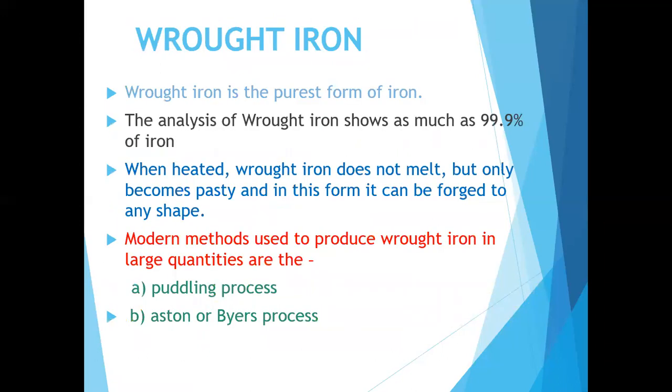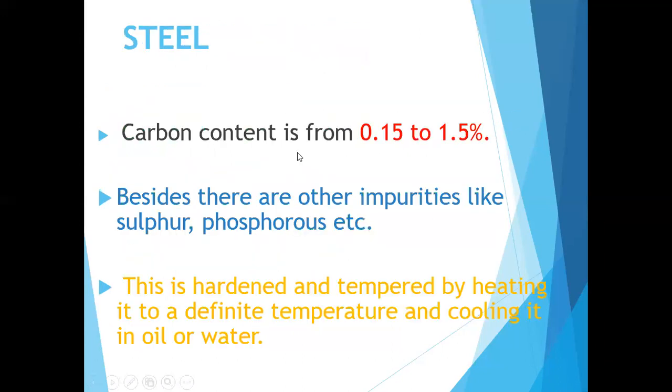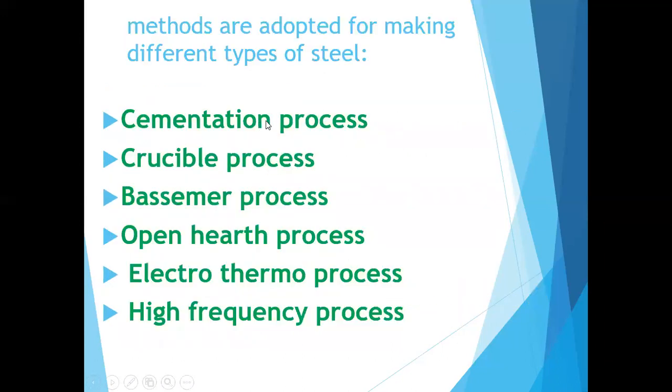Wrought iron you get from the puddling process or the Aston or Byers process. And steel you get mainly from six processes: cementation process, crucible process, Bessemer process, open hearth process, electrothermal process, high frequency process. So the process name is important.